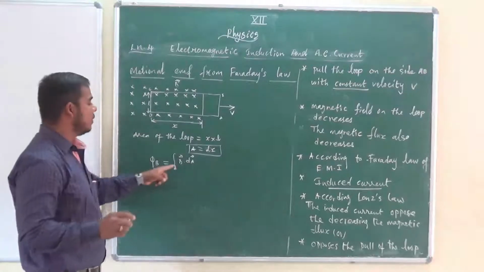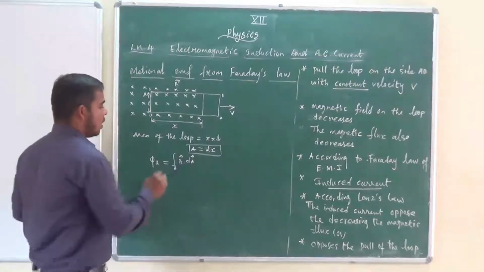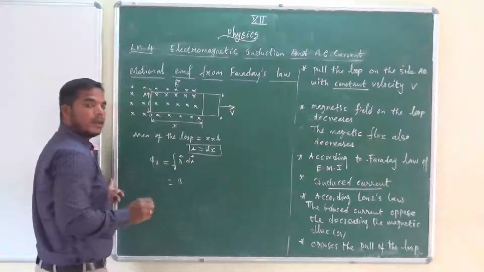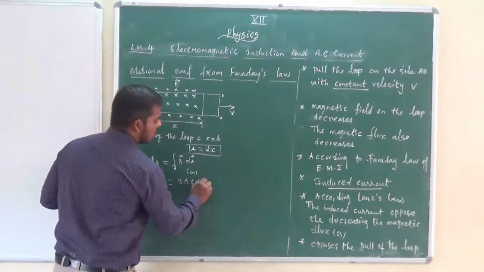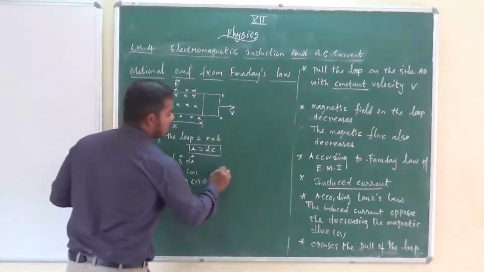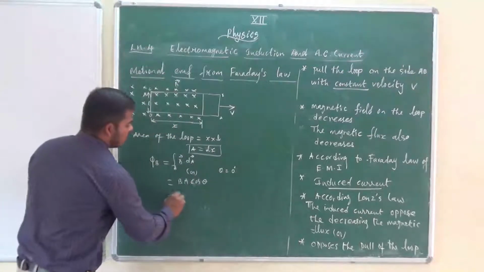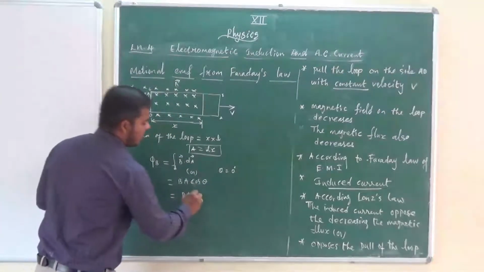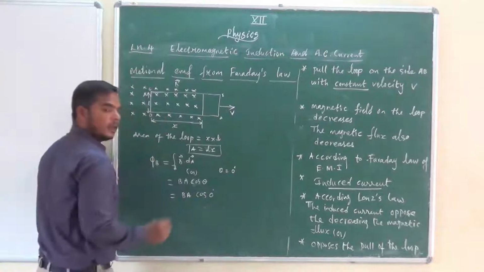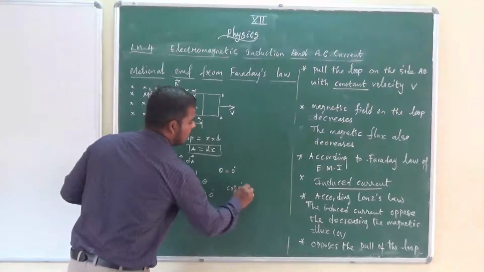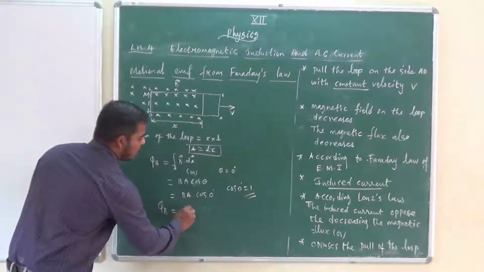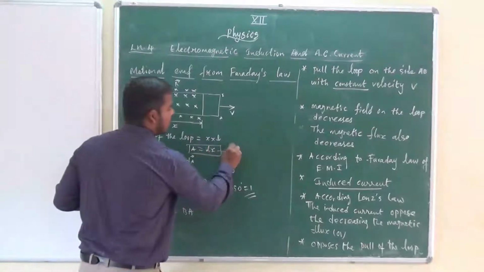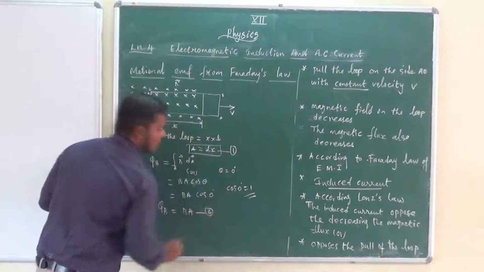This is B A cos θ, where θ is considered to be 0 degrees. So B A cos 0 degrees. We know that cos 0 degrees equals 1, isn't it? So the magnetic flux Φ_B equals BA. This is equation number 1, and this is equation number 2.